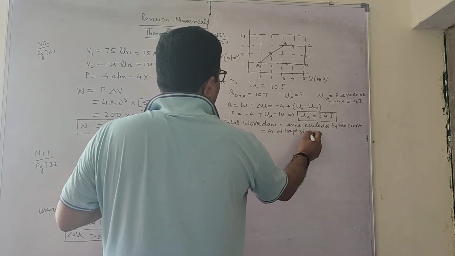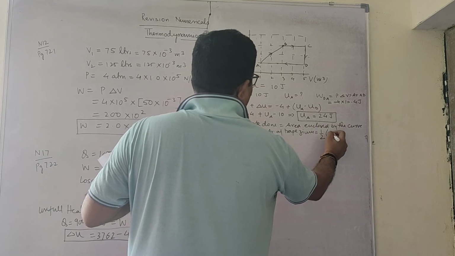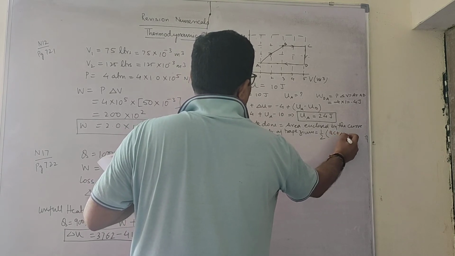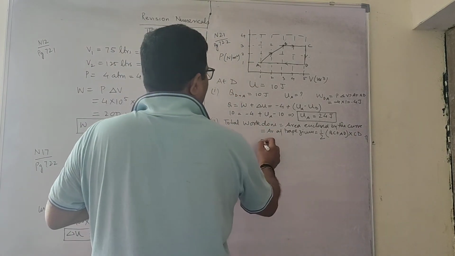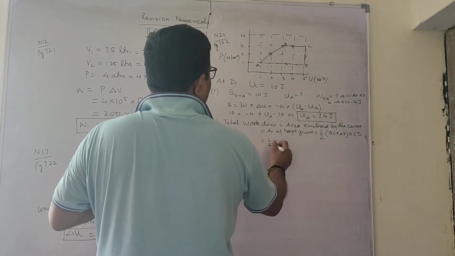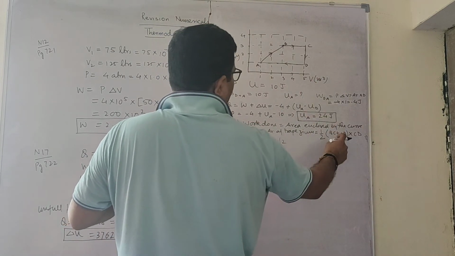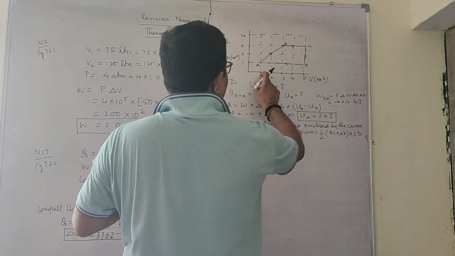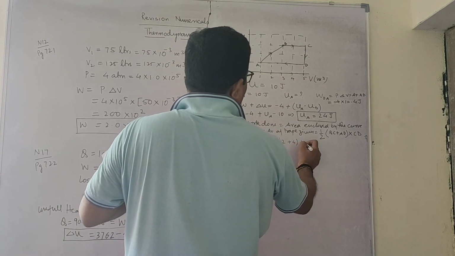You must know what is the area of trapezium. That is half sum of parallel sides BC plus AD into height, that is CD. So here you are getting half BC. BC is 5 minus 3, that is 2. AD, D minus A, that is 5 minus 1, 4 into CD.